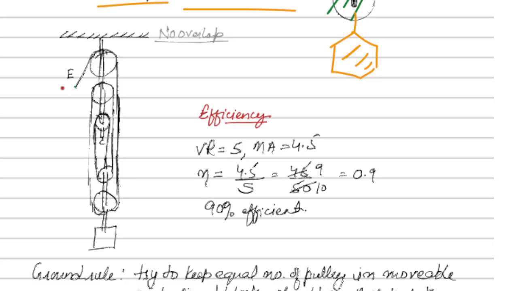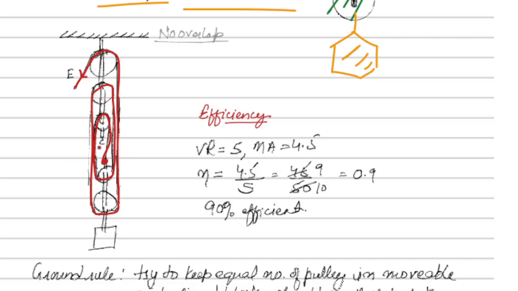Let me use the red color. So we'll start from here because I want to pull downwards and I'll go block by block. So I started from the upper block, then lower block, then go to upper block again, come to lower block again, go again to the other block and then come and tie it here.